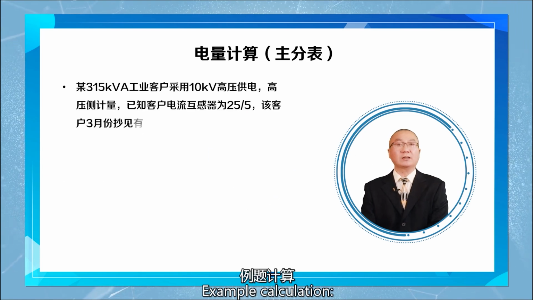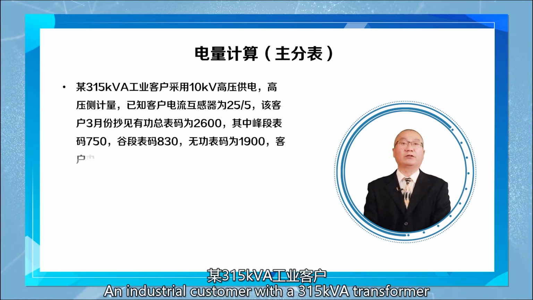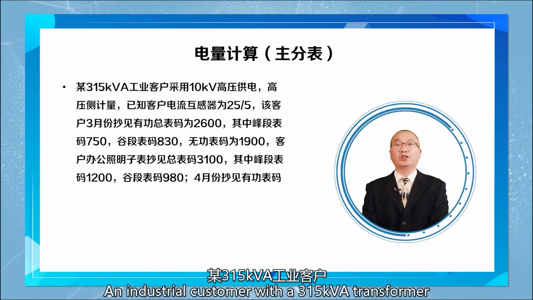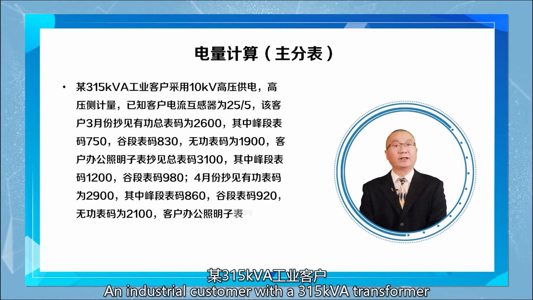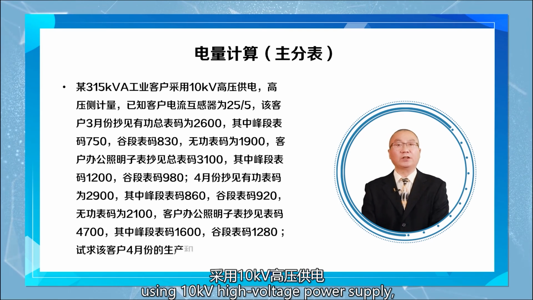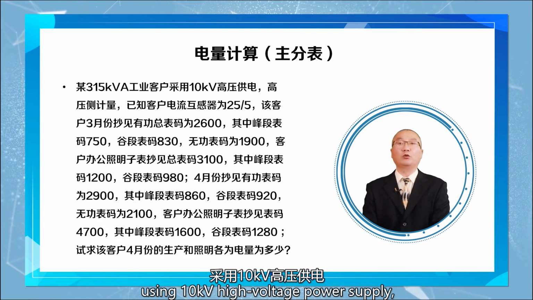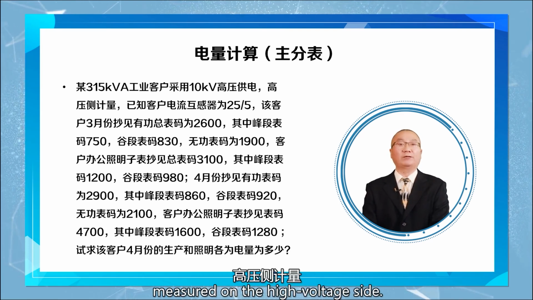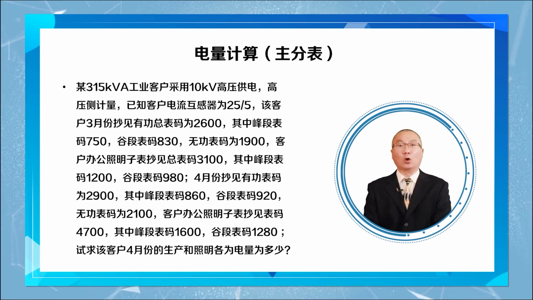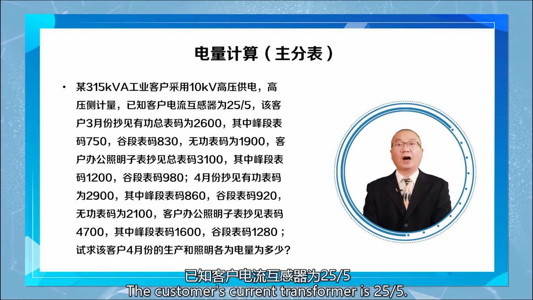Example calculation. An industrial customer with a 315 kilowatt-ampere transformer using 10 kilowatt high voltage power supply measured on the high voltage side. The customer's current transformer is 25 divided by 5.